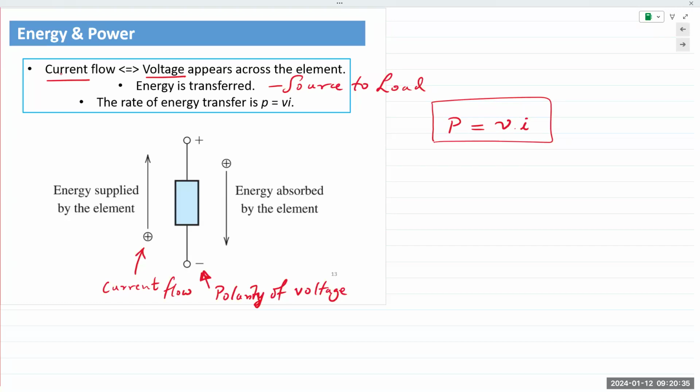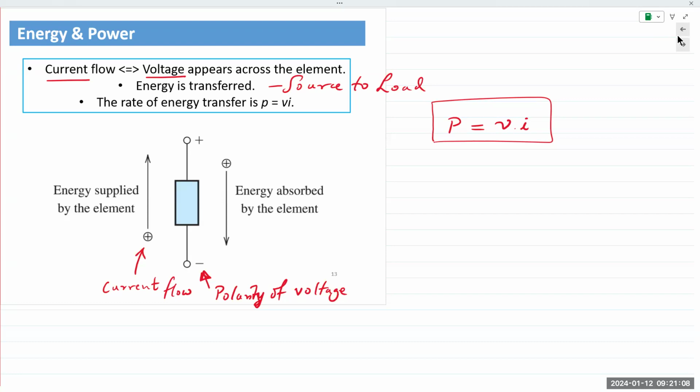And perhaps the 2 resistors are absorbing, receiving 6 watts and 4 watts each. Then we can say 10 watts being supplied is equal to 6 being received plus 4 being received. If we didn't put a negative sign on that 10 that is being supplied, our equation would never balance out. Does that make sense? And once we solve examples, it'll become a lot more clear. Does that answer your question?